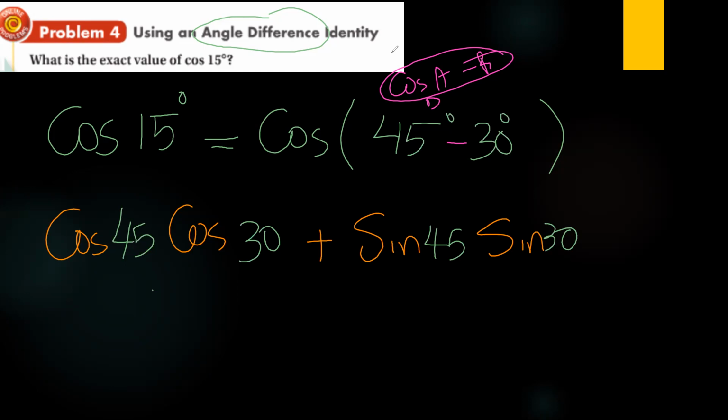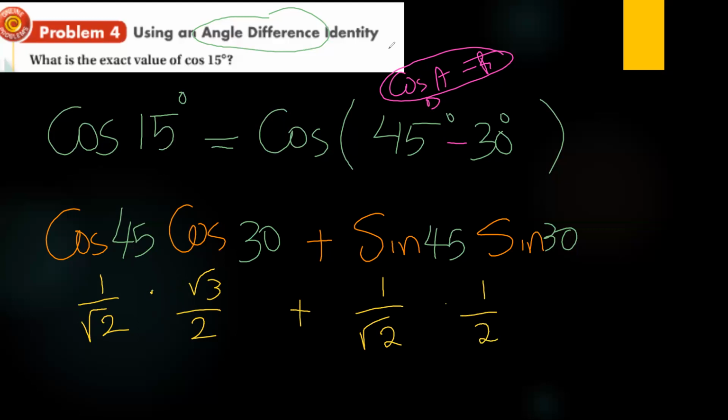Then, cosine of 45. Now what is the cosine of 45? It's 1 over square root of 2, times cosine of 30, square root of 3 over 2, plus sine of 45, which is 1 over square root of 2, and sine of 30, which is 1 over 2.